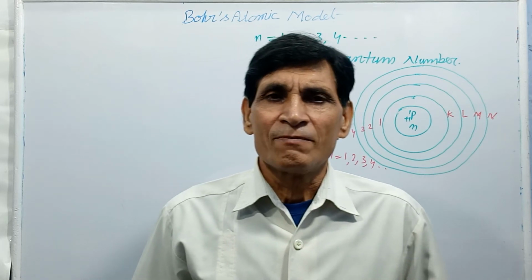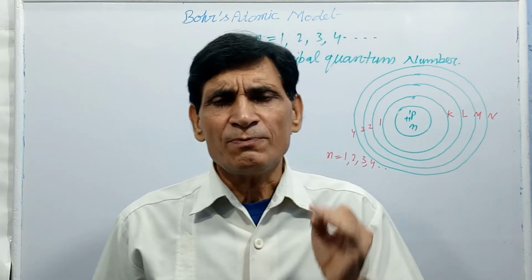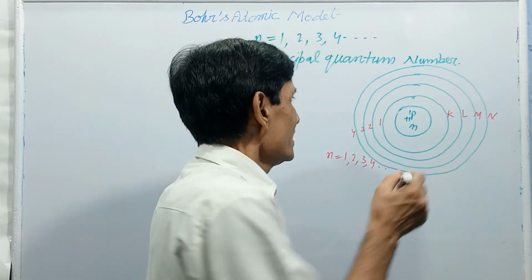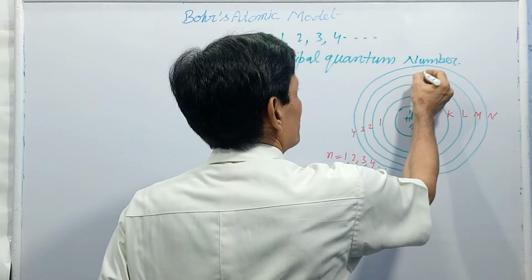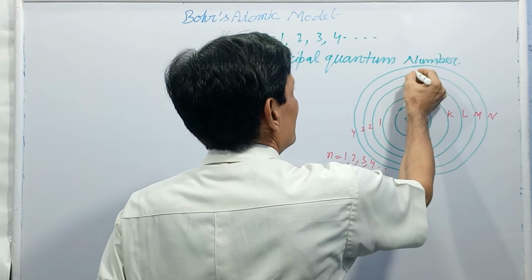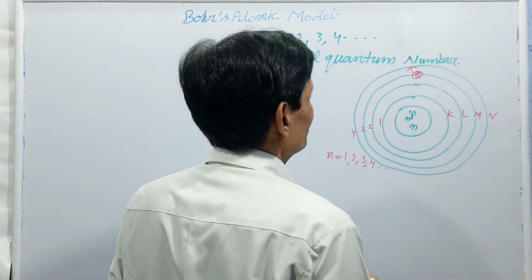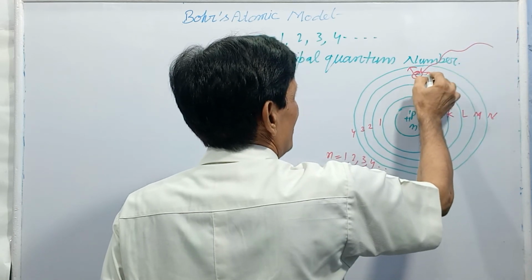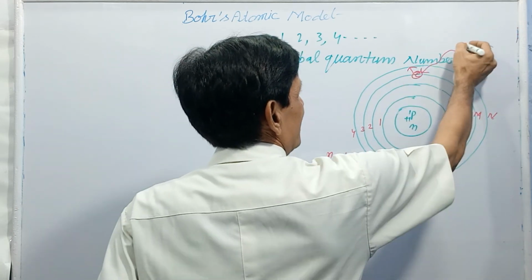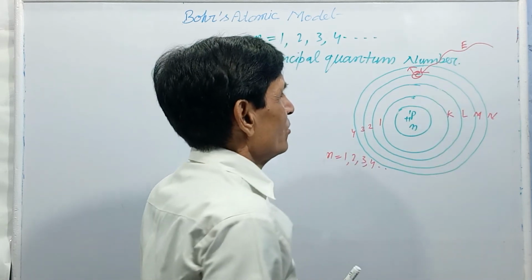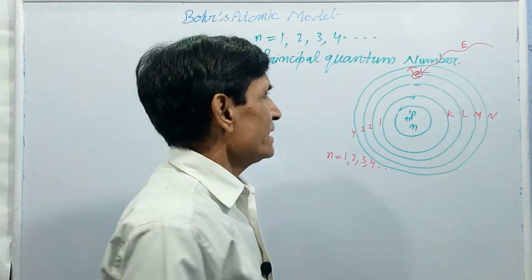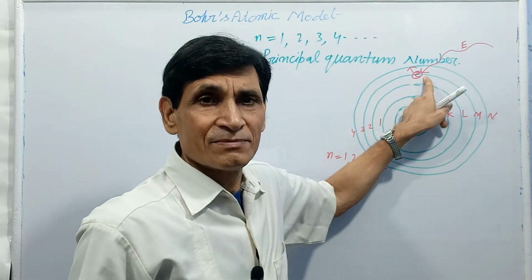Next point, if an electron jumps from lower energy level to higher energy level, then it absorbs energy from outside.